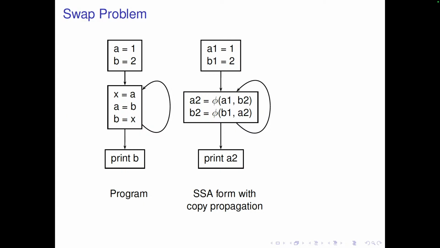So if I print, this will be 2. So everything is perfect. Now you do conversion out of SSA. You'll have to insert A2 equal to B2 and B2 equal to A2 here, and A2 equal to A1 and B2 equal to B1 here. And then the phis will be gone.